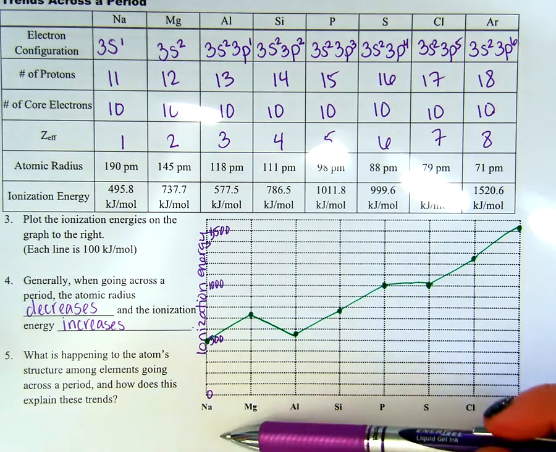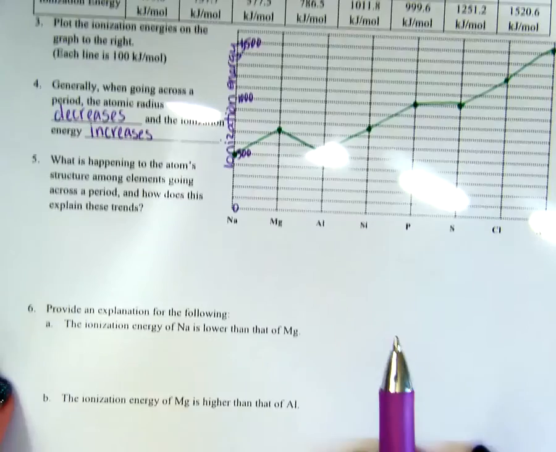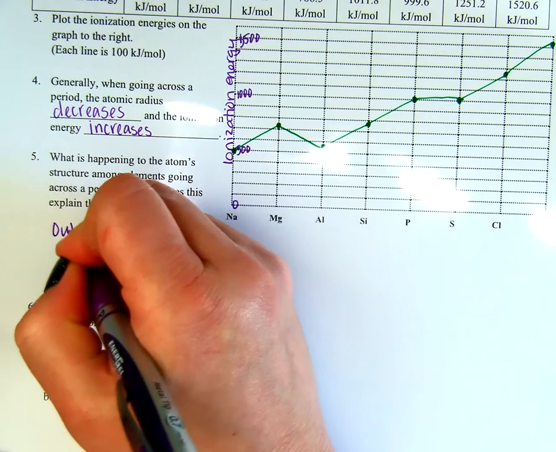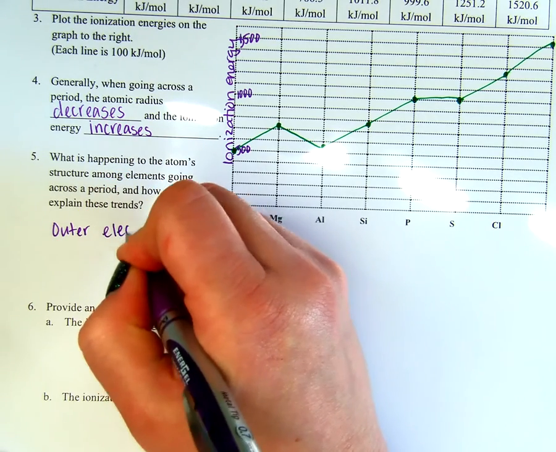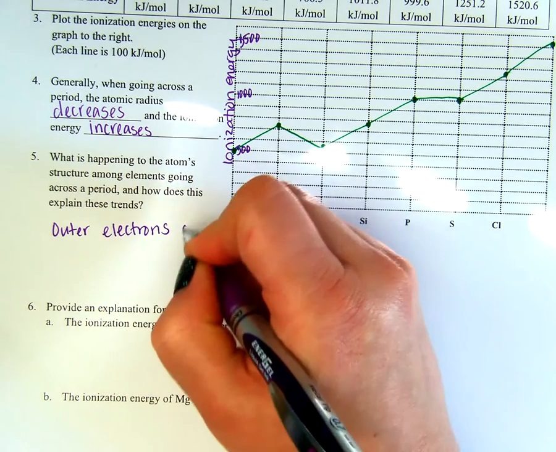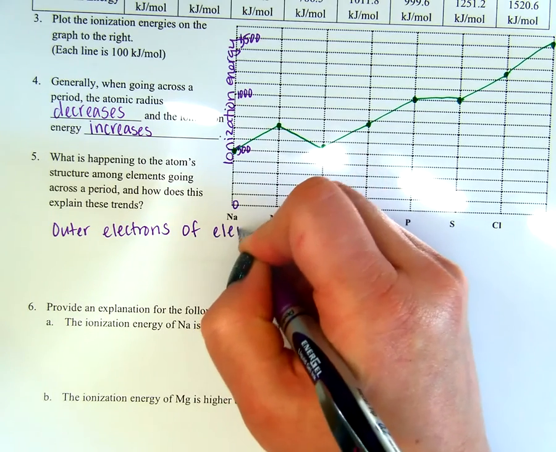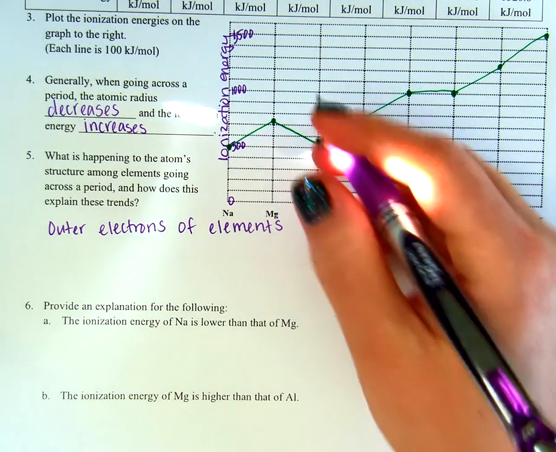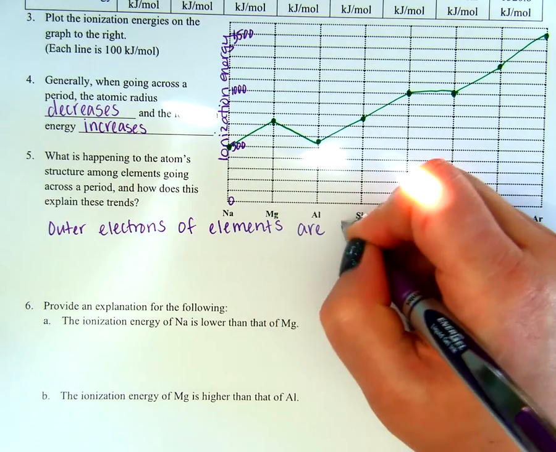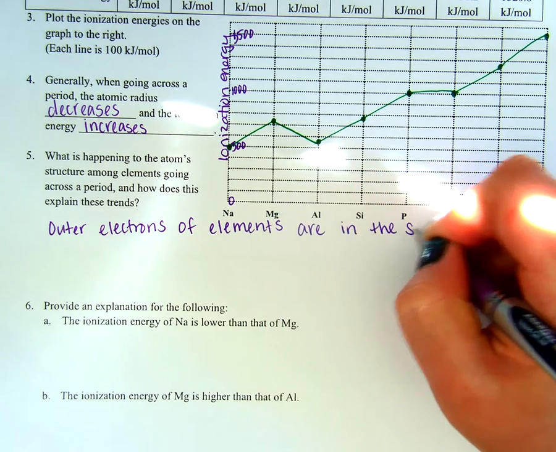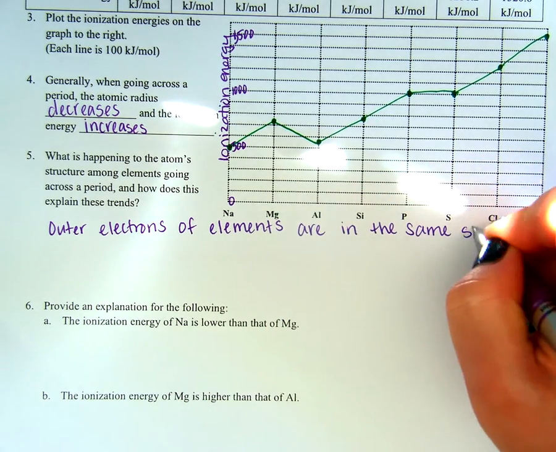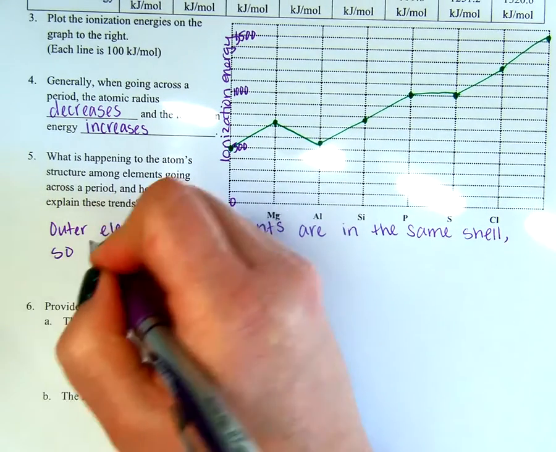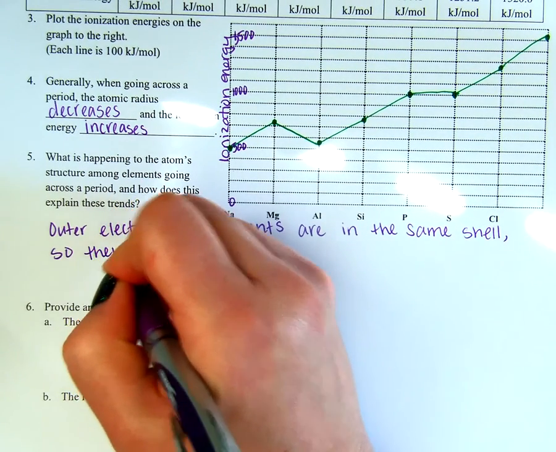Okay, so let's go ahead and summarize that in number 5. So going across the period, the outer electrons of the elements are in the same shell. So they have the same number of core electrons.